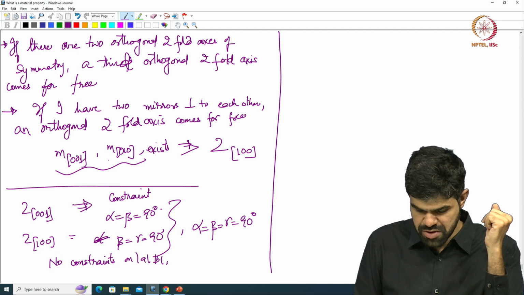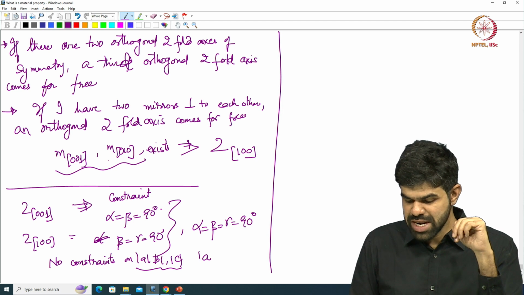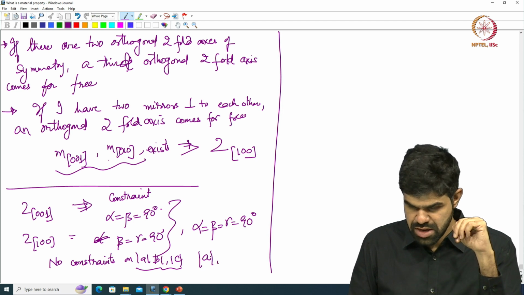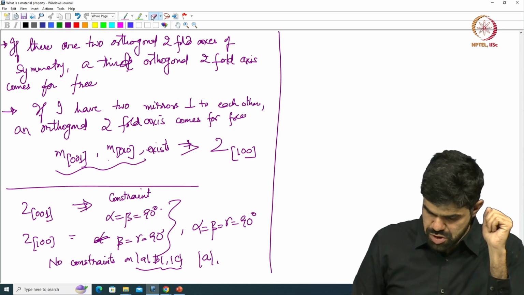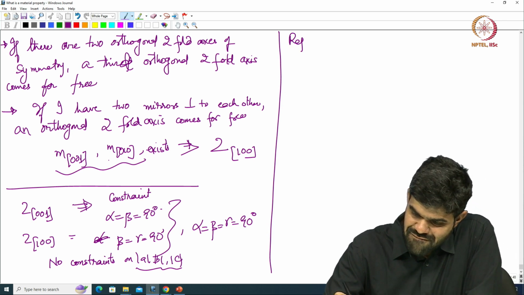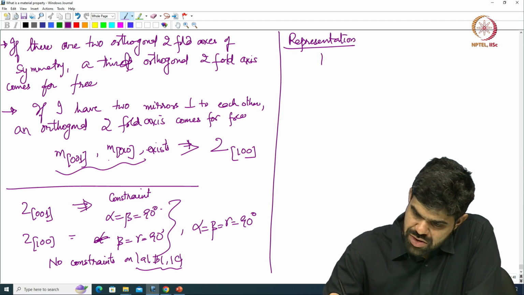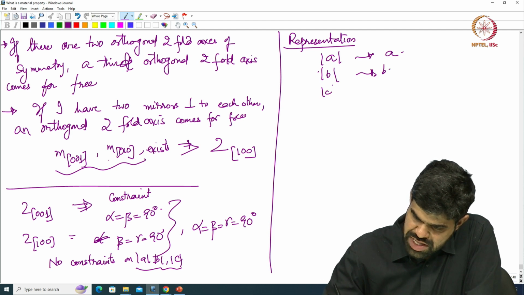or the magnitudes of a, b, c, which from now on I am just going to represent as magnitude of a as a, magnitude of b as just b, magnitude of c as just c.